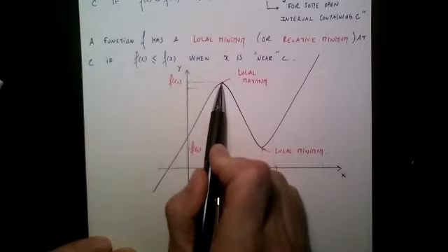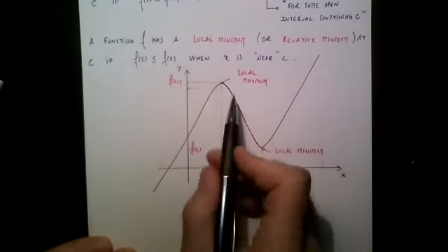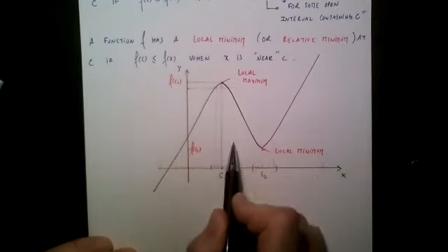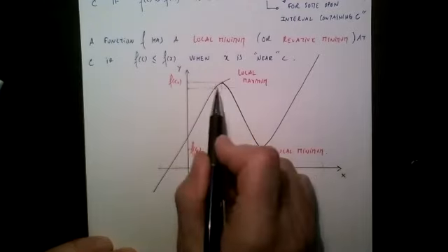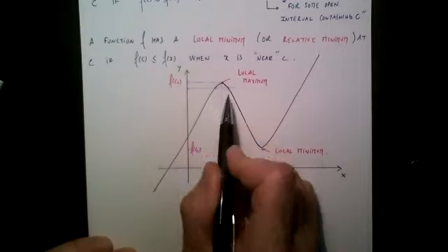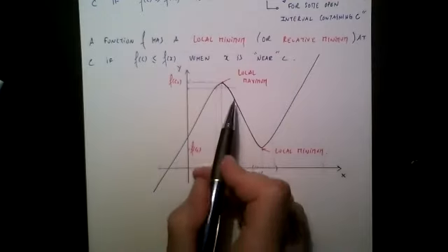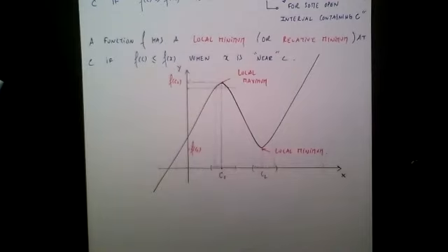Well, I could find an interval where everything around C1 in that interval is below f(C1). I could find a little hilltop, if you want. That's mathematically what I'm saying.